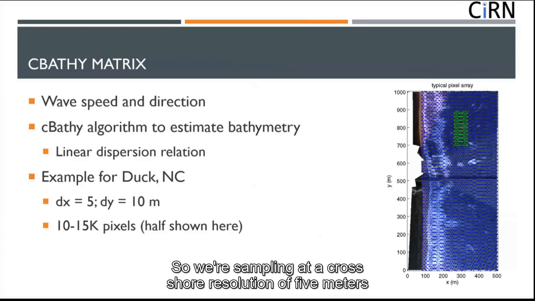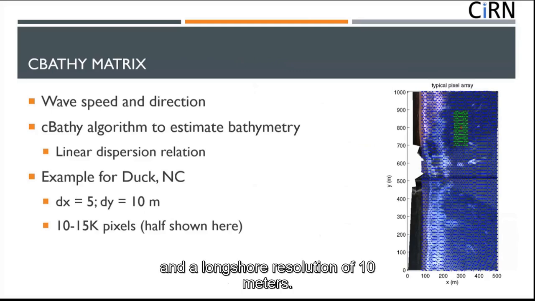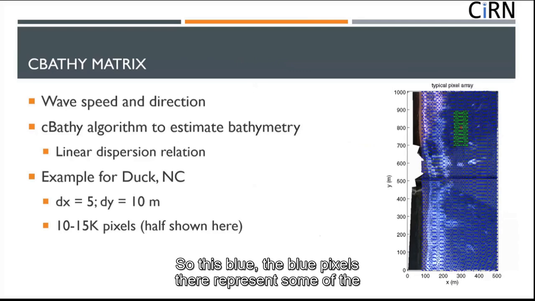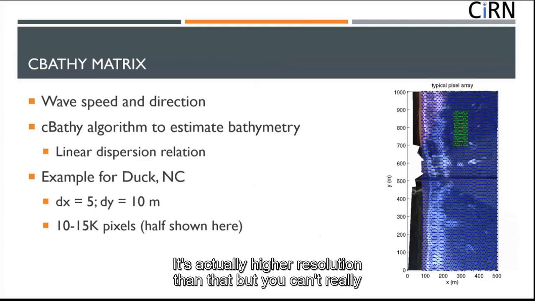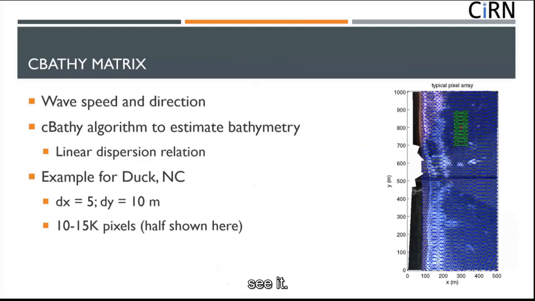So we're sampling at a cross-shore resolution of 5 meters and a longshore resolution of 10 meters. So the blue pixels there represent some of the sampling locations. It's actually higher resolution than that, but you can't really see it.